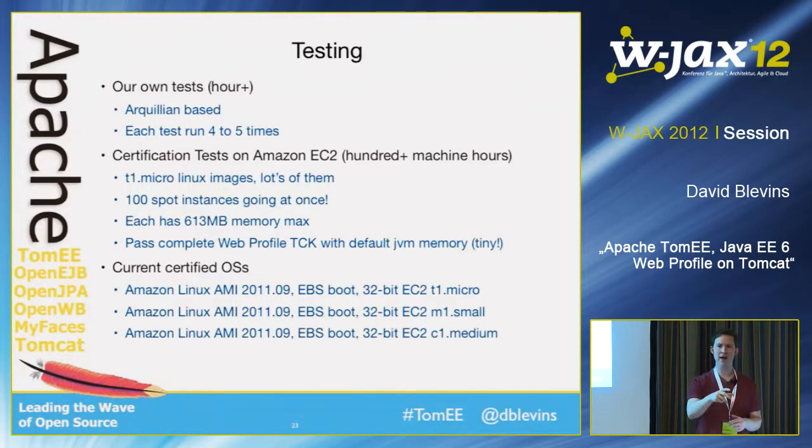We throw that onto an ActiveMQ queue. We launch off like say 100 T1 micro instances. They each start pulling work off the queue. They do it, they aggregate the results back, and we can get results basically in two hours. So that was a very big reason why we were able to go so quickly with TomEE. We basically started certifying it in February of 2011, and we were finished by October of 2011.